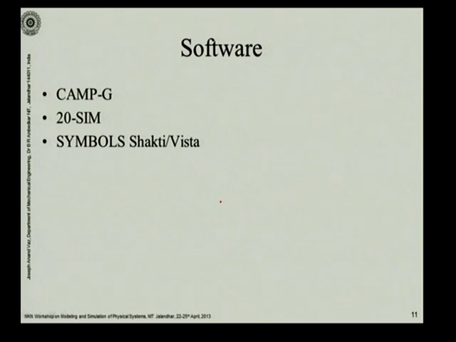And of course, I am proud to say this, that it's perhaps one of the best software, most capable, that is Symbols, and it's called by the name of Symbols Vista nowadays. Earlier model was Symbols Shakti. This credit goes to an Indian group at IIT Kharagpur for the development of this.